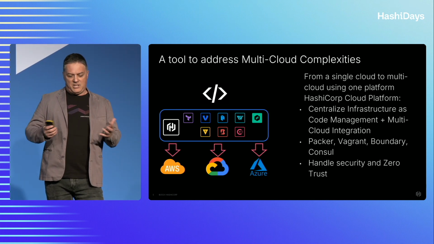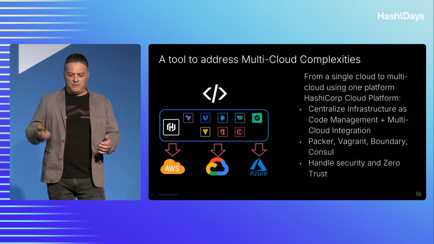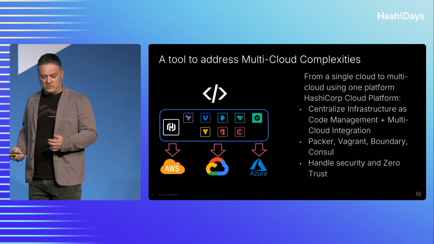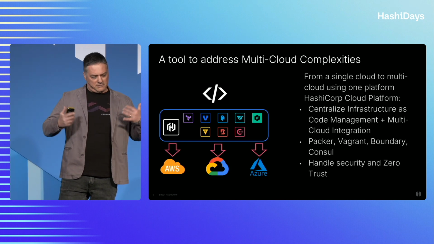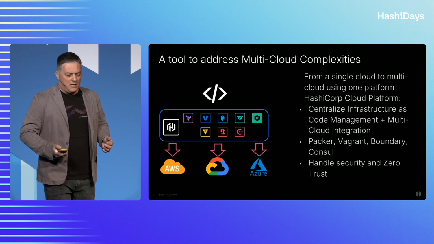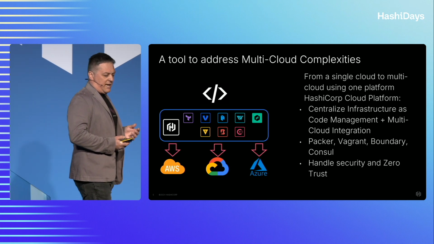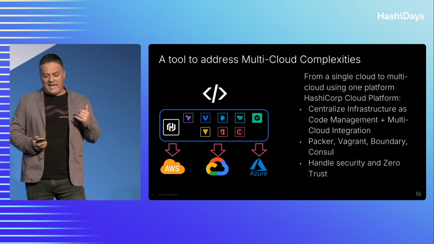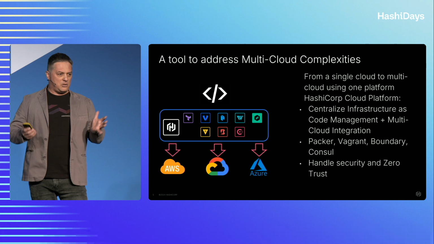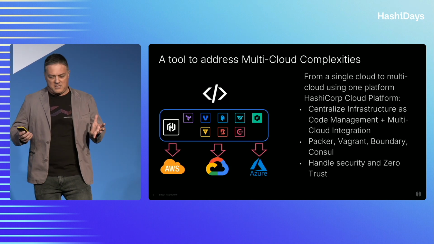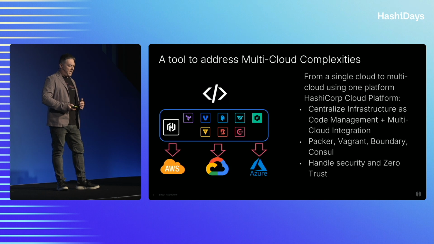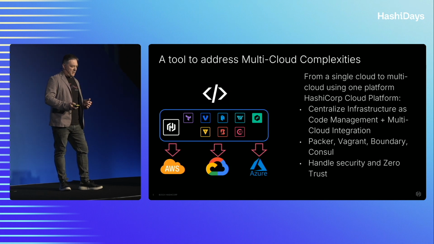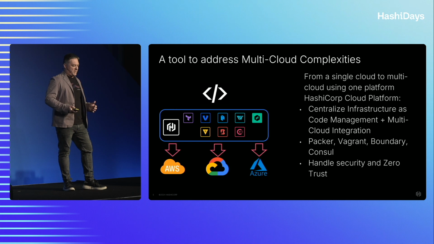And for sure, the integration with other tools like Packer, Vagrant, Boundary, and Consul will give you another great platform to do this. But the thing is that we must handle the security and also implement zero trust. That is not an easy path, especially in a brownfield.